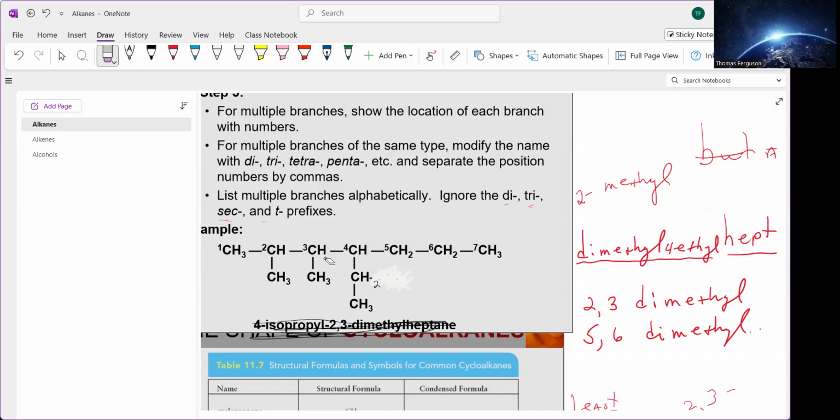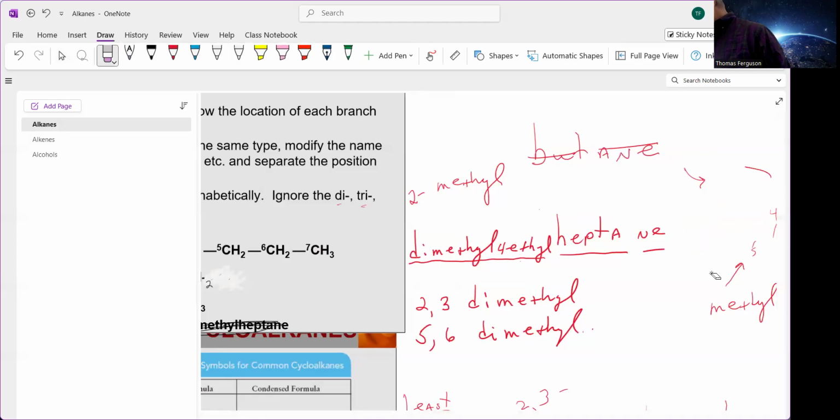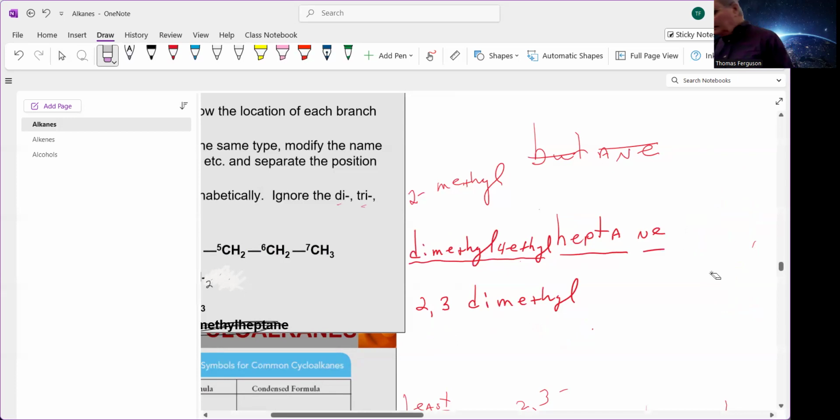Okay, so this answer is going to be 2,3-dimethyl 4-methyl heptane.